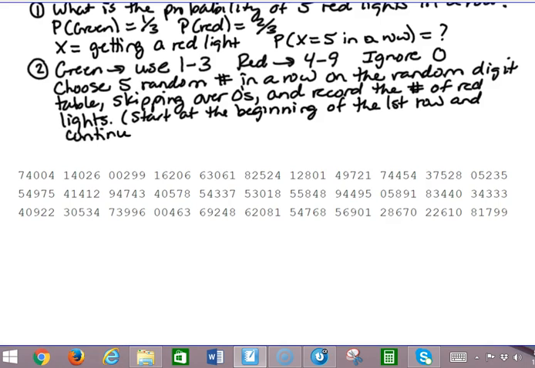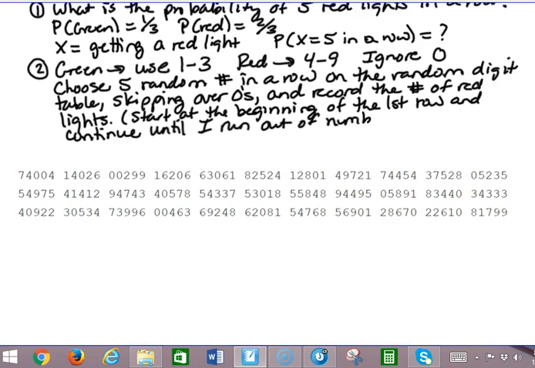Now this is a short random digit table, so continuing until I run out of numbers makes sense for 3 lines. Most of the time you'll say and do 20 trials or do 30 trials or something like that.